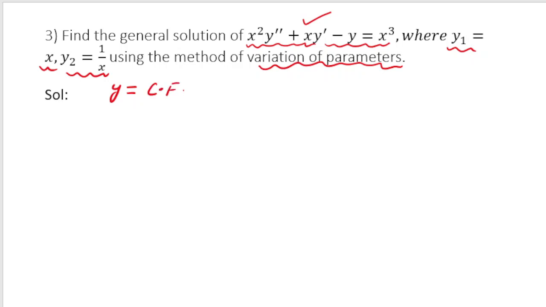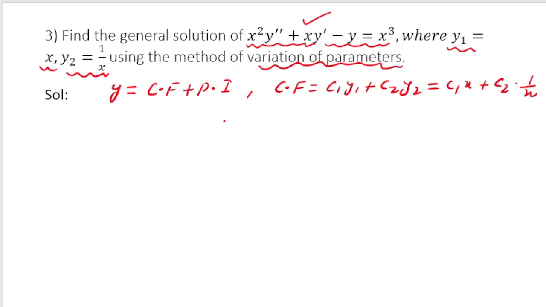So what is the general solution? General solution is CF plus PI, we all know. And we are already given y1 and y2. So CF will be C1 y1 plus C2 y2, so that will be C1 into x plus C2 into 1 by x. Okay. And so y1 and y2 are known to us. What is W?